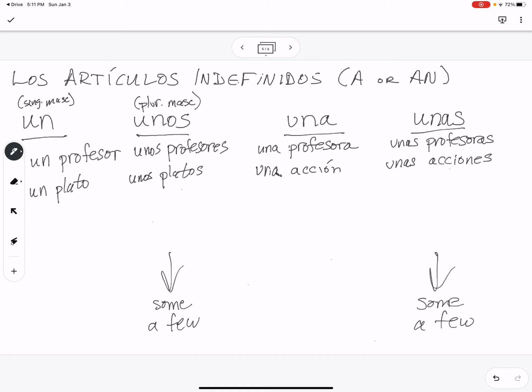So you can see how the noun that we're using is going to determine which article you use, whether it be definite or indefinite. One of the things you are going to need to be able to do, when you are writing or speaking, is know what should I put in front of this noun that I want to use.